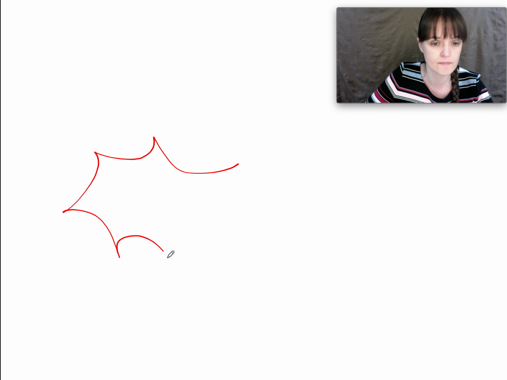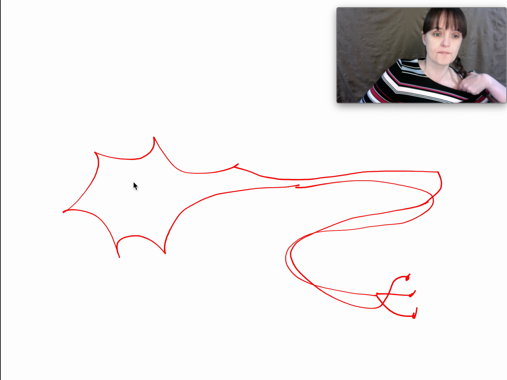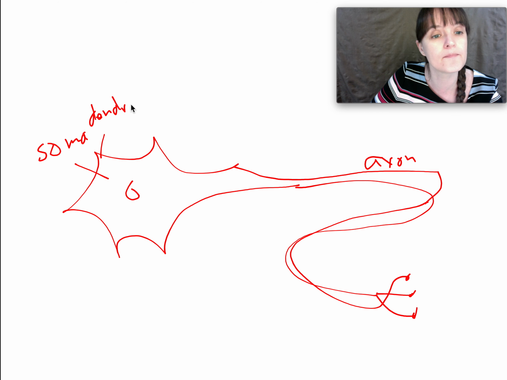Okay, so we have a neuron. Here's our axon, soma. They call that the cell body now, don't they? The dendrites receive information.